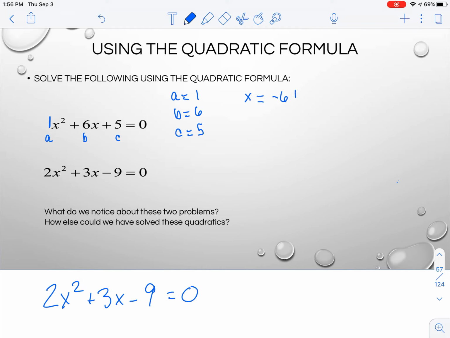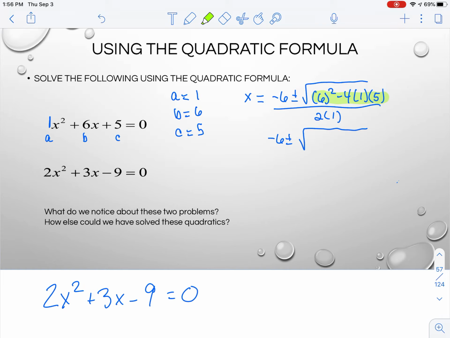So negative b plus or minus the square root of b squared minus 4ac all over 2a. I would say the hardest calculation to get right is this one right here that I highlighted. That's called the discriminant. It's under the radical.